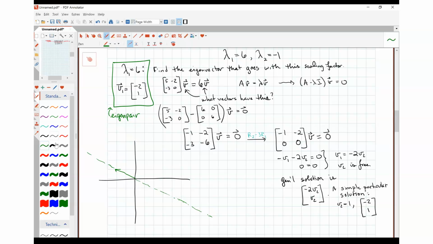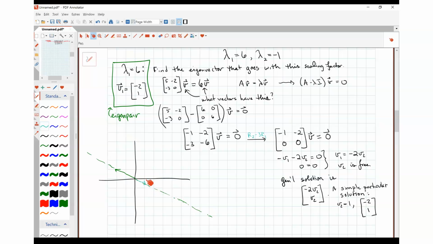tells me that if I pick any vector along this line and I apply that matrix to it, right, I multiply it by 5, -2, -3, 0. If I plug in anything that's along this line into this expression, I'm just going to get something that's the same direction but 6 times longer.